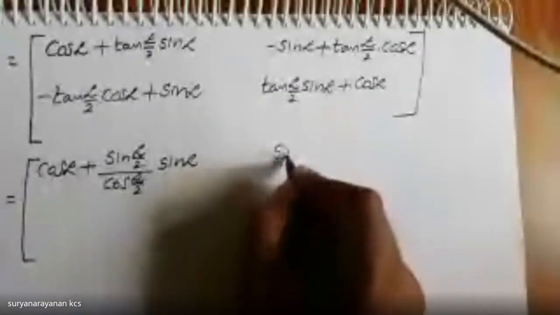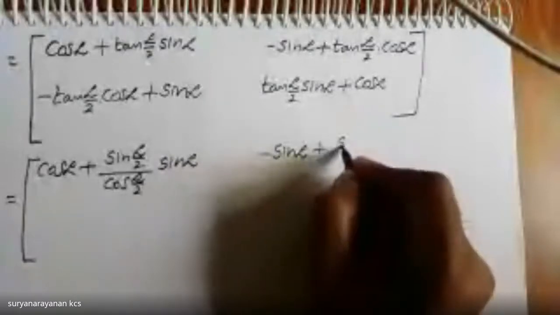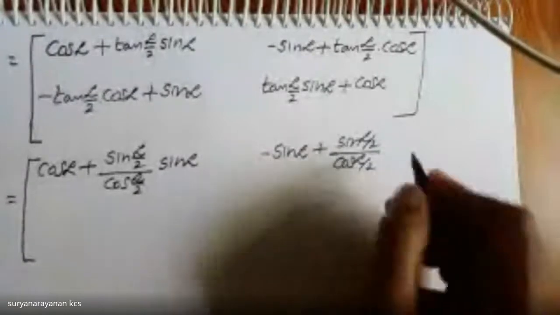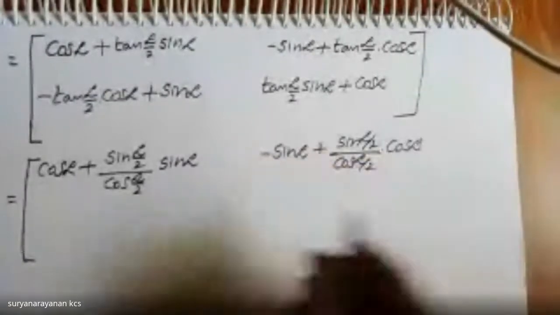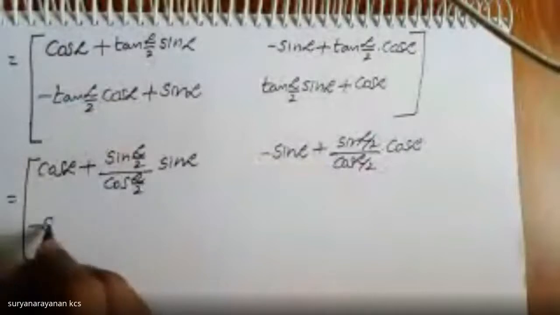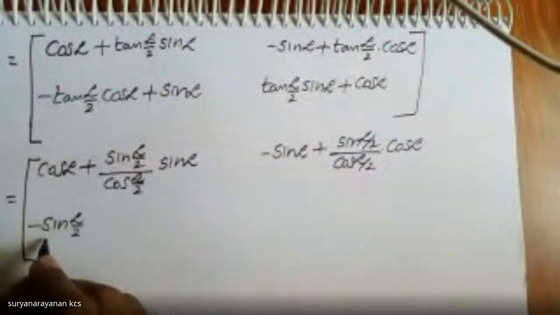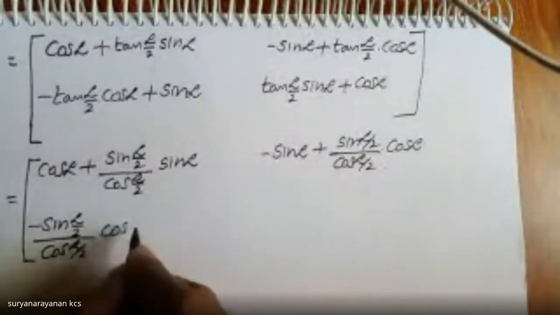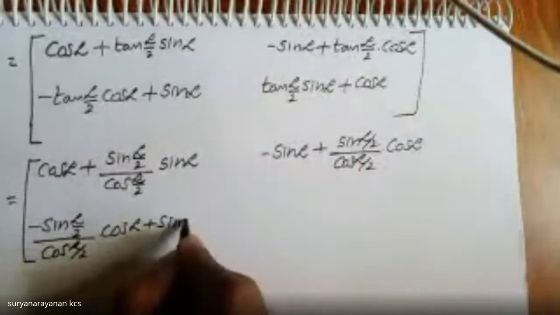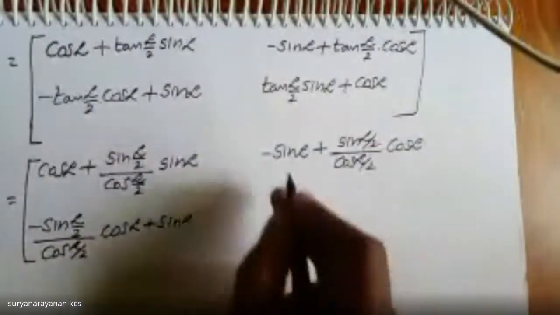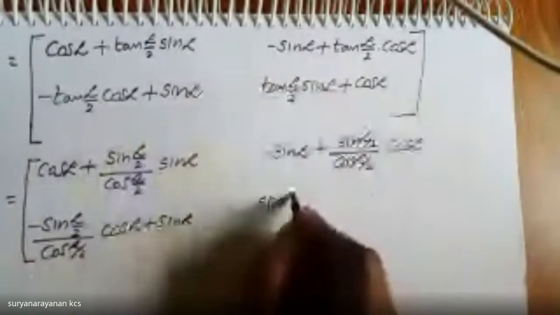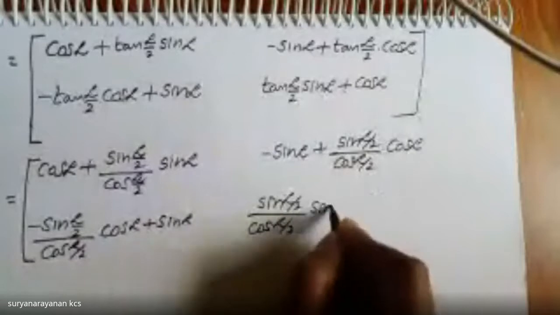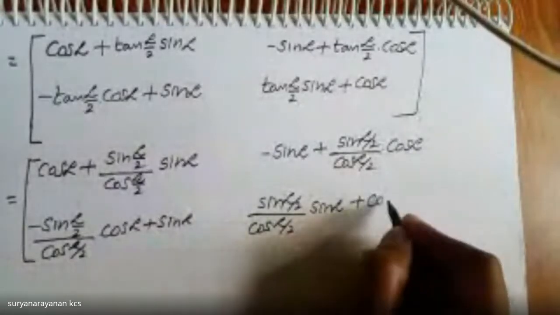Minus sin alpha plus sin alpha by 2 by cos alpha by 2 into cos alpha. Similarly, here minus sin alpha by 2 by cos alpha by 2 into cos alpha plus sin alpha. Here also sin alpha by 2 by cos alpha by 2 into sin alpha plus cos alpha.